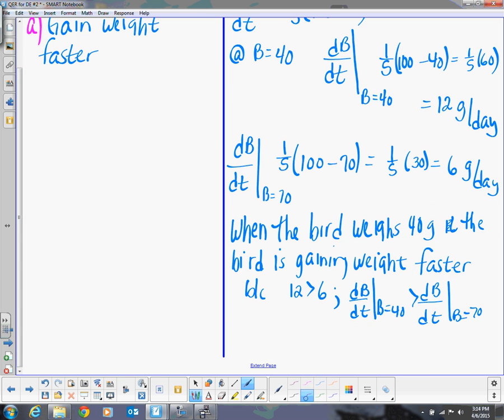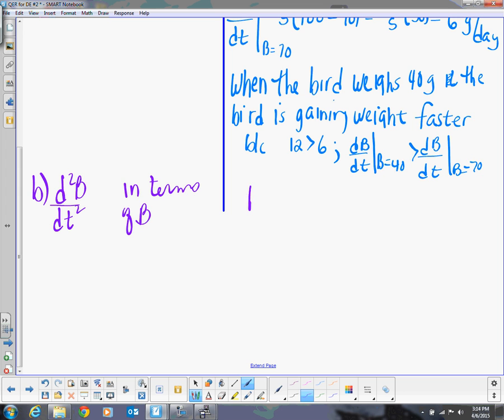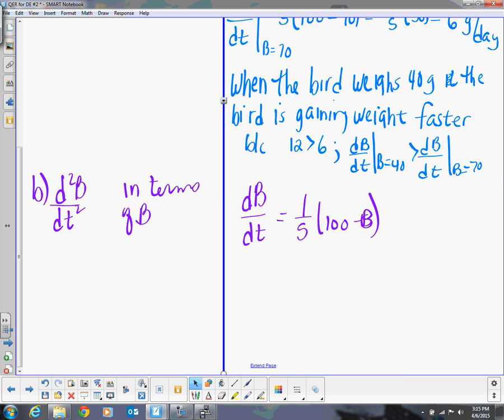All right, so now let's go to part B. Part B says, find the second derivative. Remember, we're looking for the second derivative, and it is in terms of b. So let's start out with our first derivative, which is dB over dt equals 1/5 times 100 minus b. One of the questions is, is this product rule?